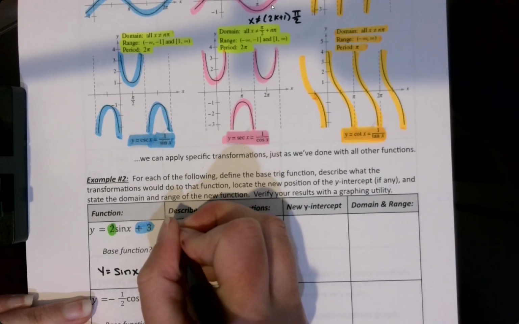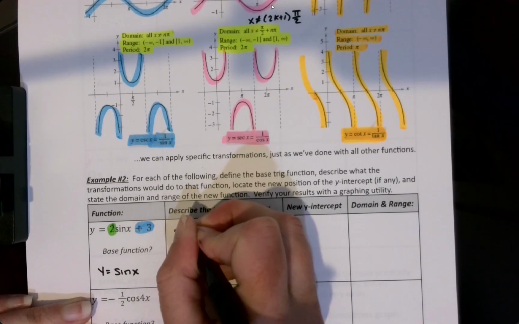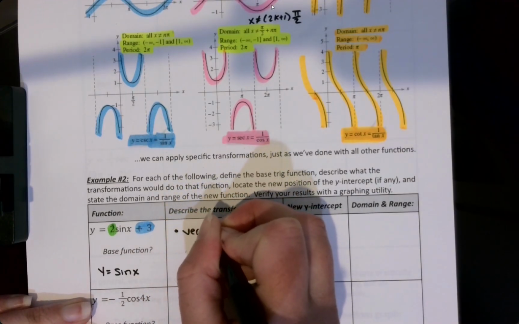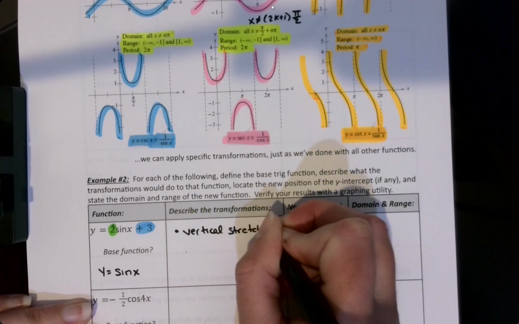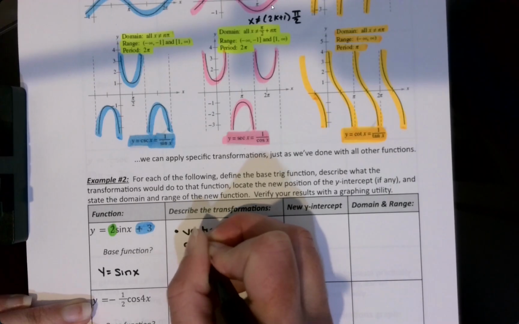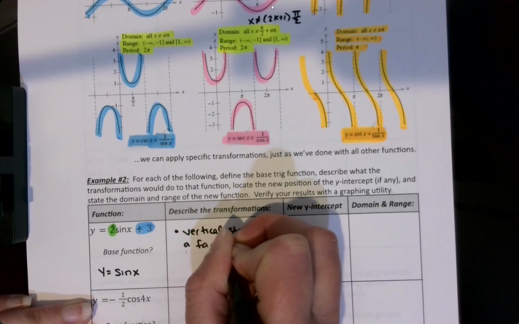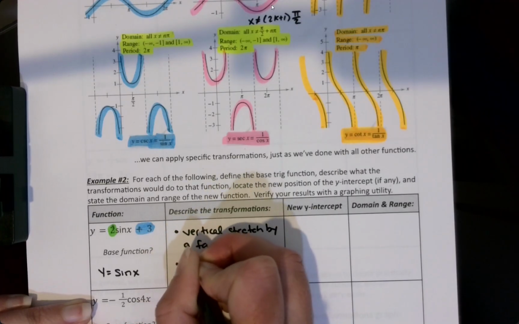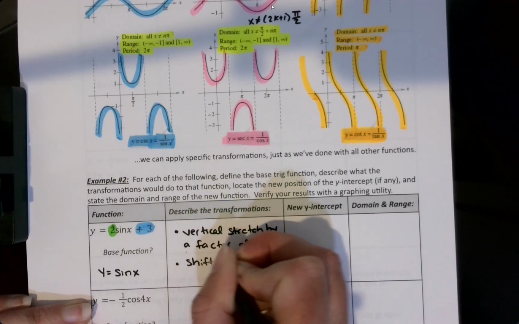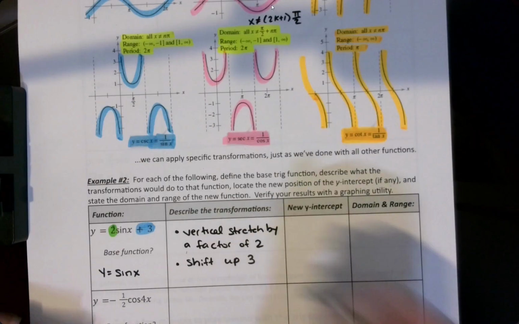So that means that the 2 is going to be a vertical stretch by a factor of 2. And the 3 is going to be a shift up by 3 units.